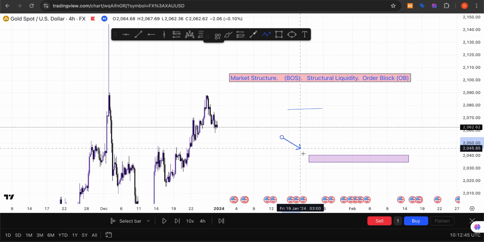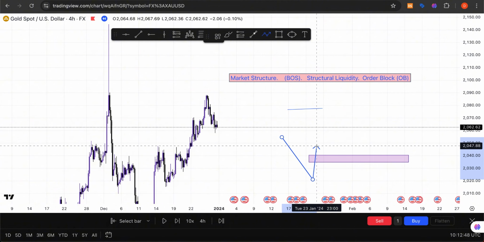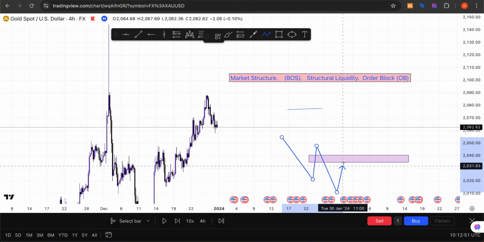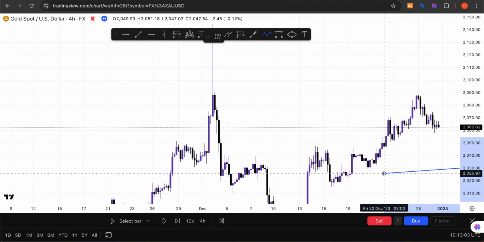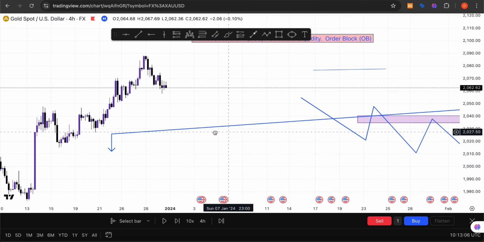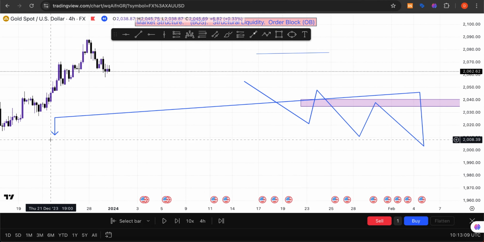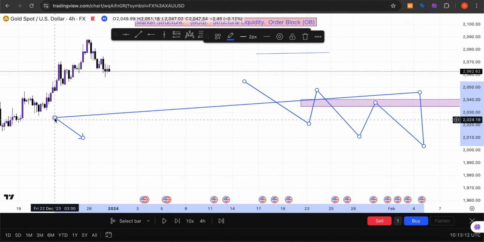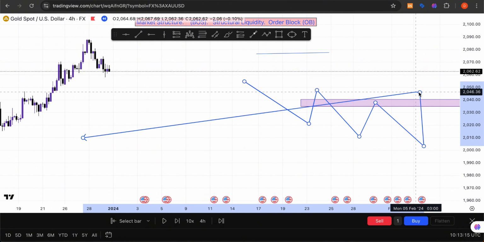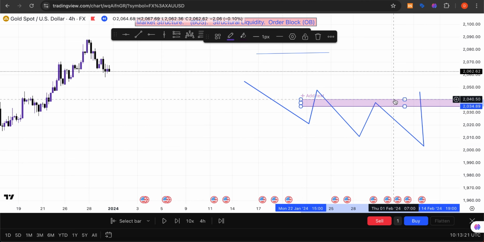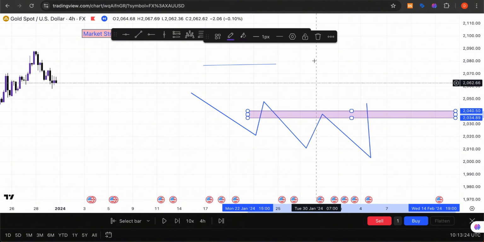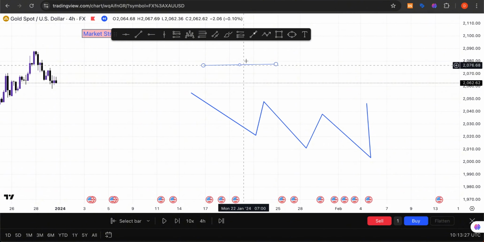So this is it for downtrend. This is our structural liquidity.